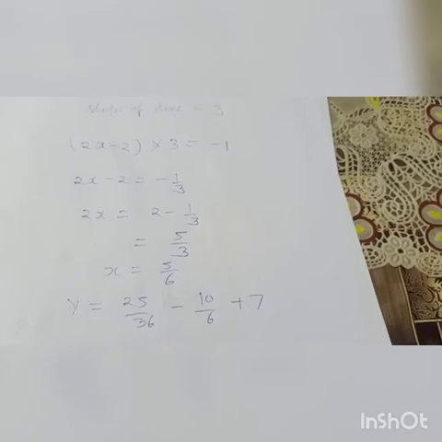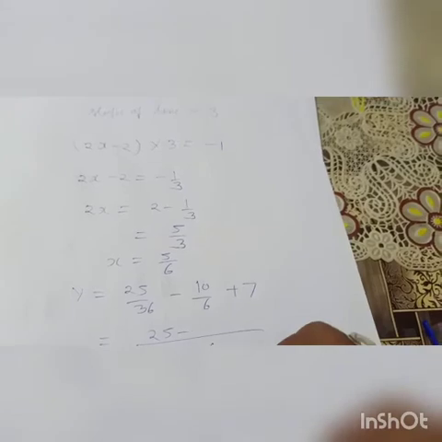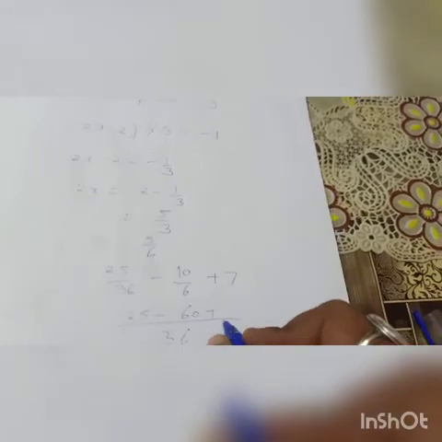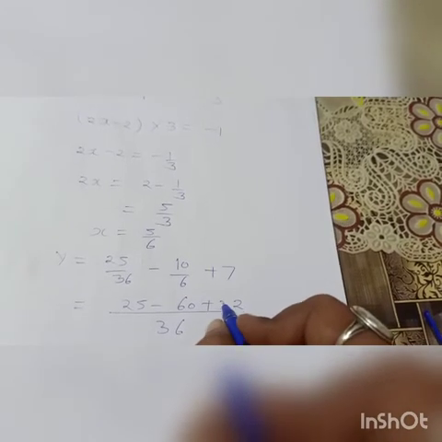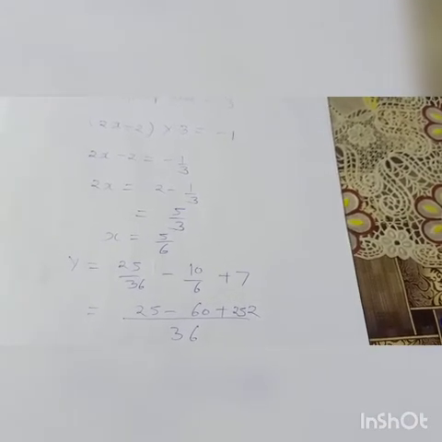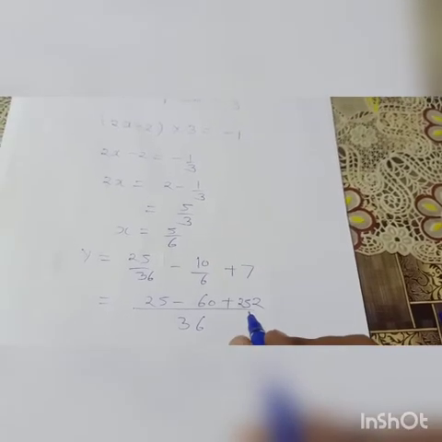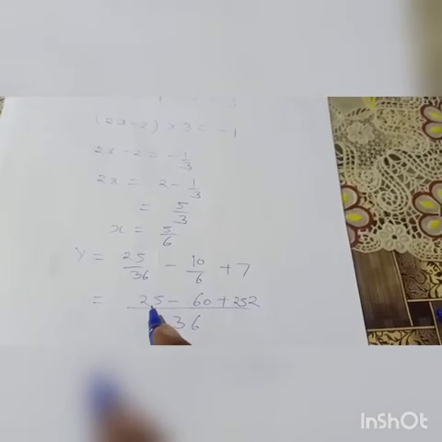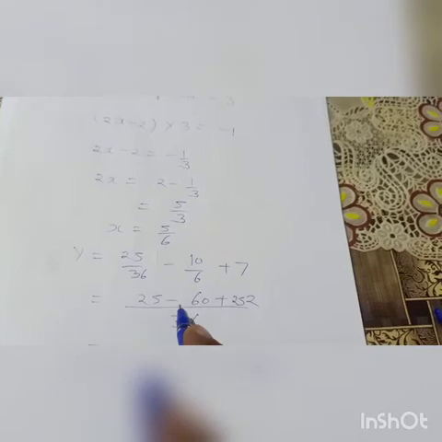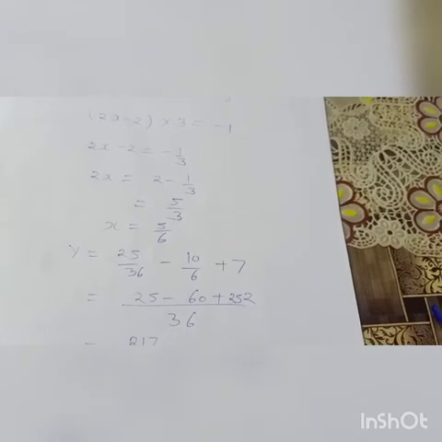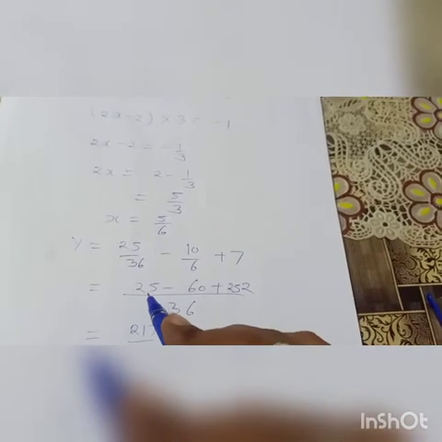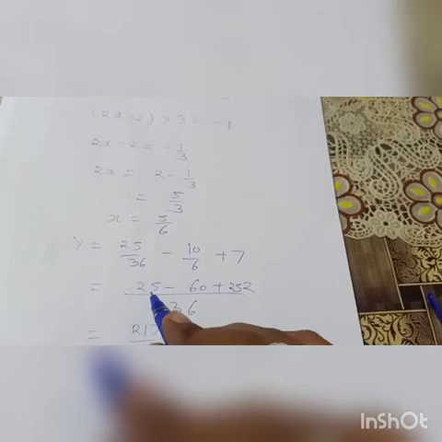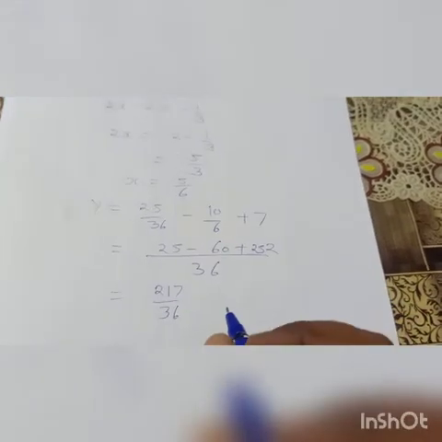If we solve it, then 36 LCM, 25 minus 60 plus 252, so this comes out to be 217 by 36.